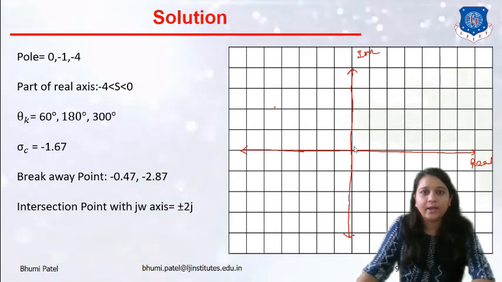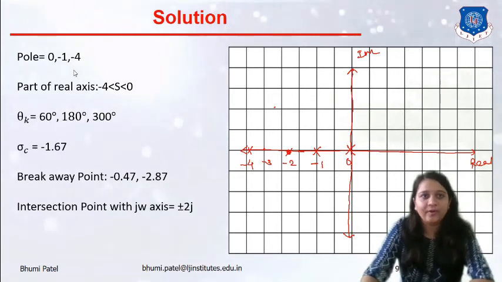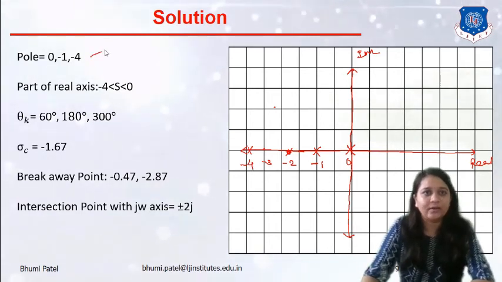One pole is located at the 0 value. The second is at -1, then -2, there is no pole, and -2, -3, and the last pole is at -4. Okay, so the pole values are 0, -1, -4.